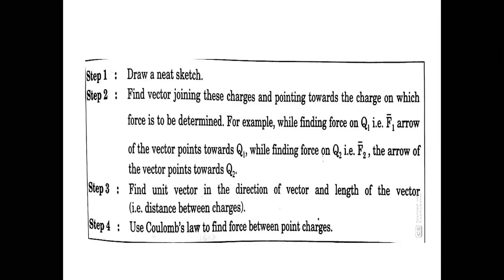You can summarize this or note it down: whenever there is a problem based on Coulomb's law, we have to calculate the force, obviously. For that, first of all, we have to decide the directions. For the easiness, if possible, first draw a neat sketch according to the data given in the problem.